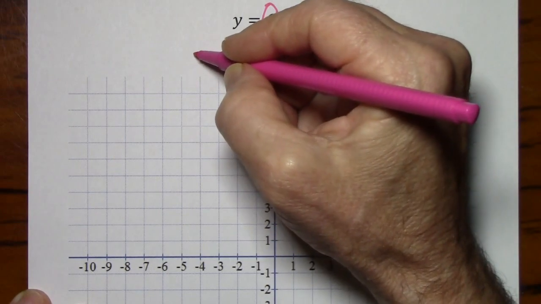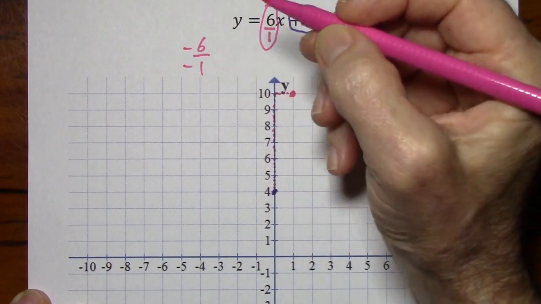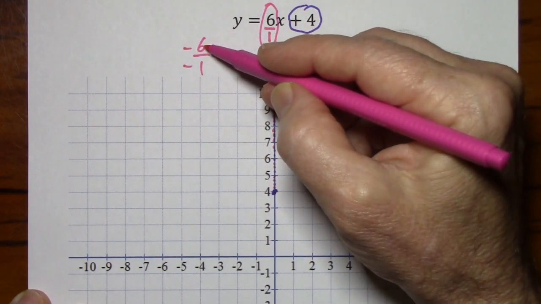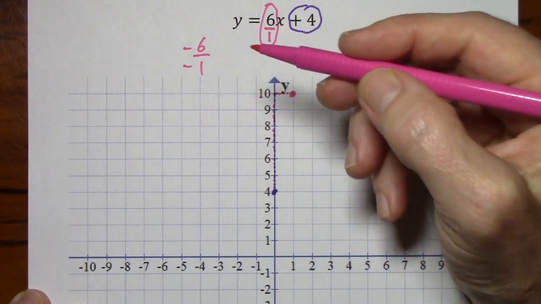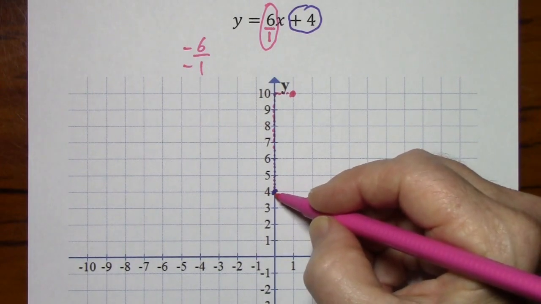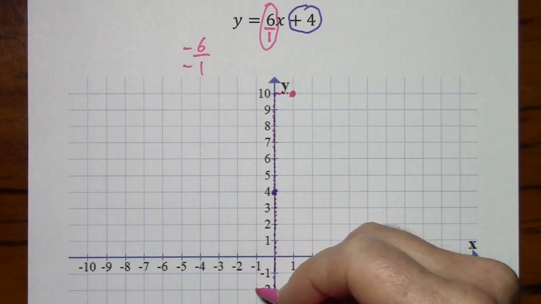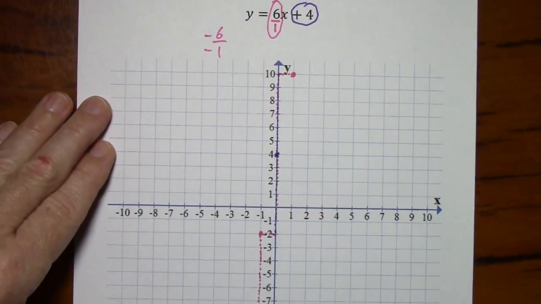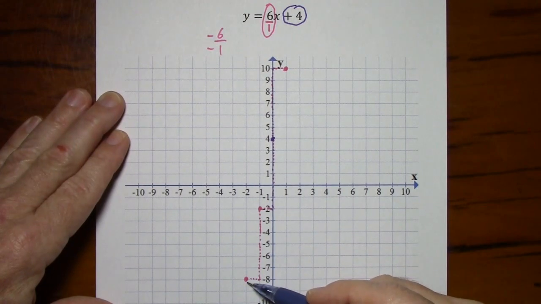But if I had negative 6 over a negative 1, this would still work out to be positive because negative divided by negative is positive. And I mention that because if I want to stay on my graph, I can go down 6 and back 1 and put a dot. And I could repeat that going down 6 and back 1 again.